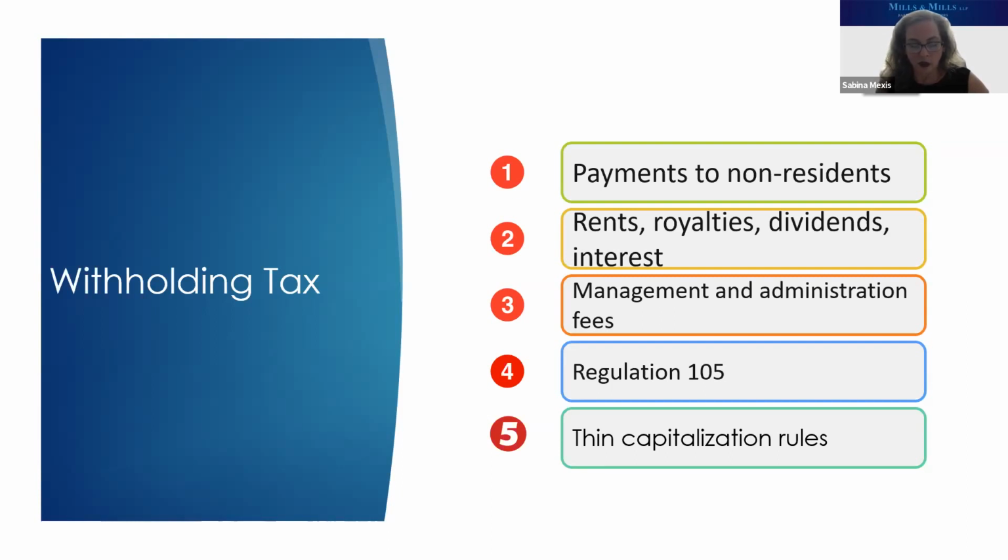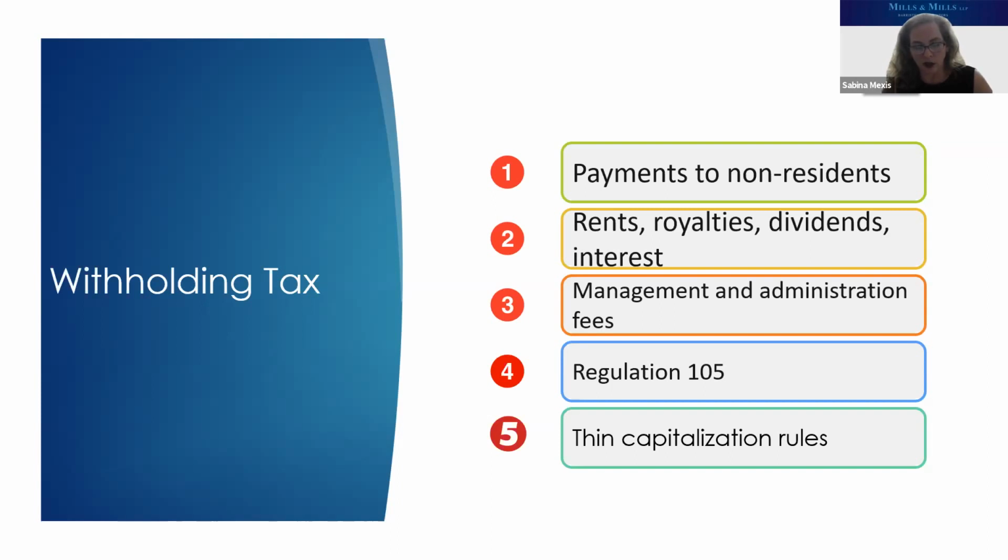It is administratively burdensome for payers dealing with non-residents and carries with it significant penalties. The obligation for Regulation 105 is on the person who is making the payment for the services. So if they do not know that the entity they are dealing with is a non-resident, a branch of a non-resident corporation, they have no way of knowing that they are required to comply with Regulation 105.